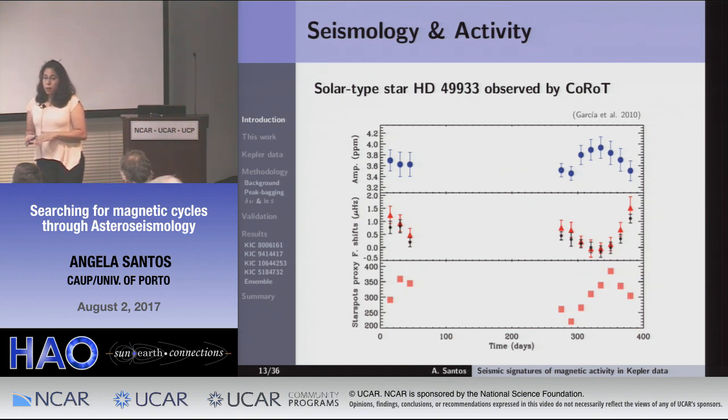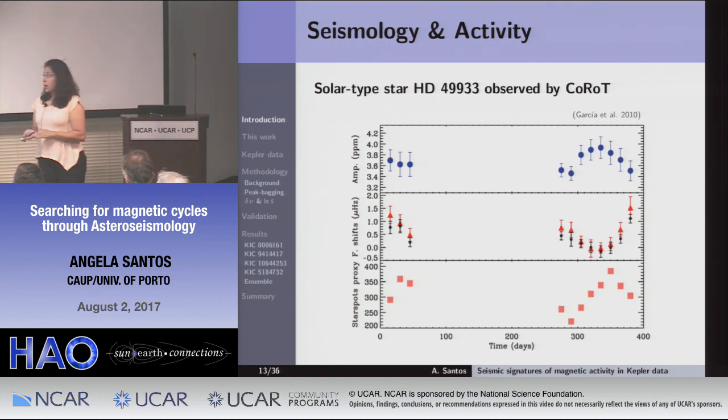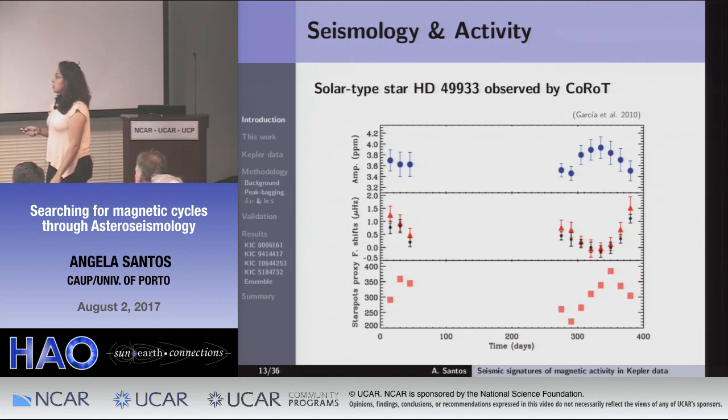This is because we expect that solar-type stars have acoustic oscillations, and we expect that those stars also have magnetic cycles.